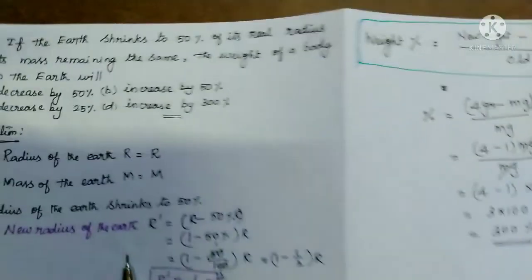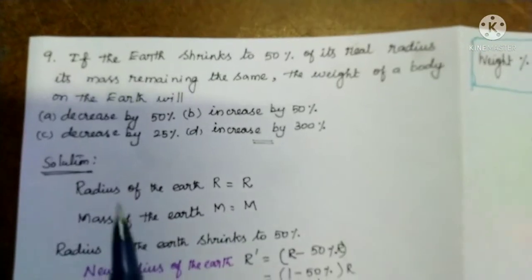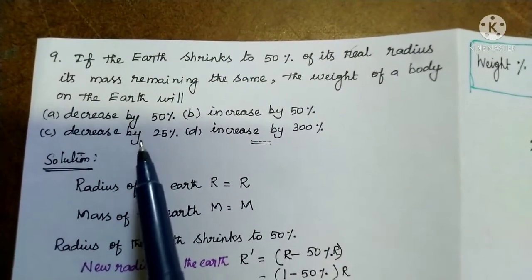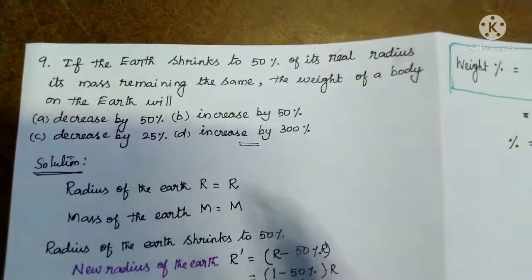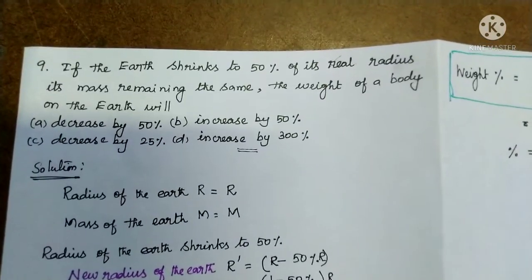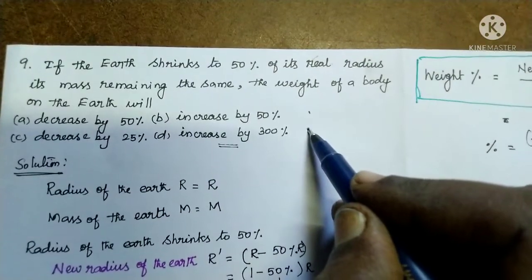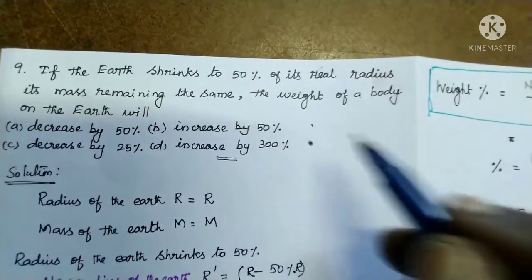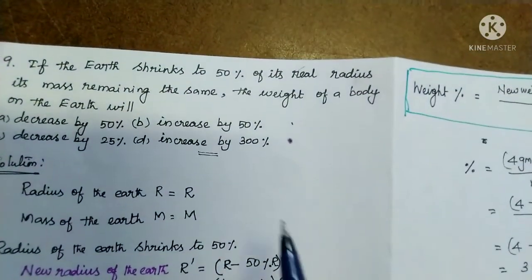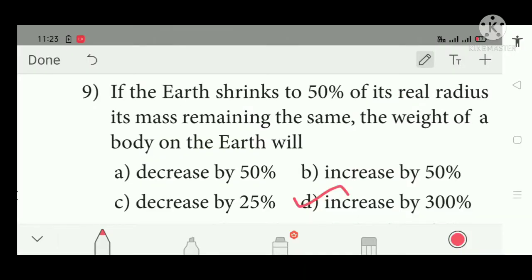So we can neglect the two options that say decrease, because the radius decreases and the acceleration due to gravity increases. For that only we have to do the calculation of the percentage.